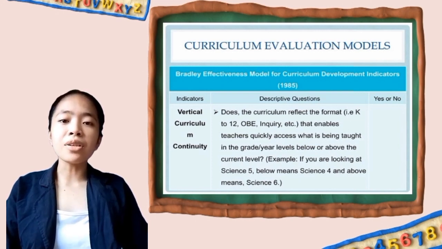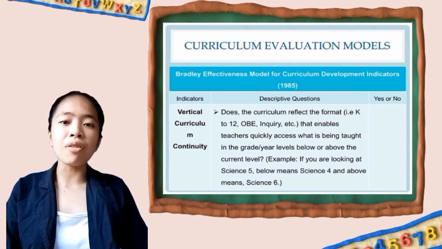If I will answer this question, my answer is yes, because vertical curriculum continuity refers to the alignment and coherence of a curriculum across different grade levels or educational stages. It ensures that students have a clear and consistent progression of learning as they move through different levels of education.